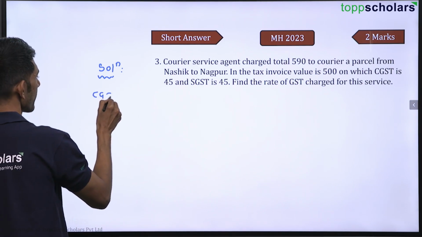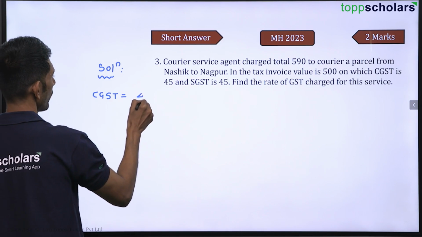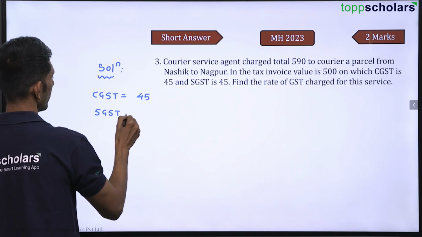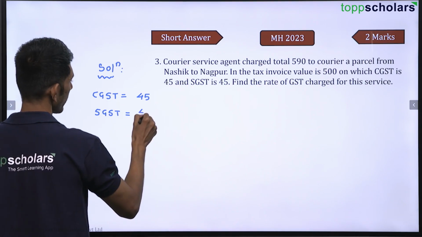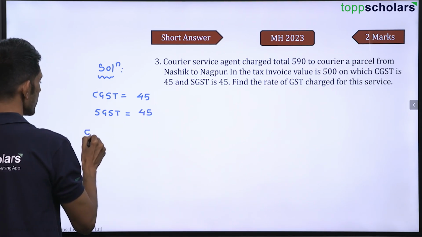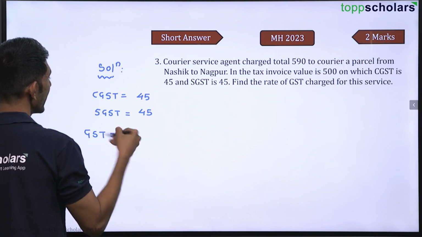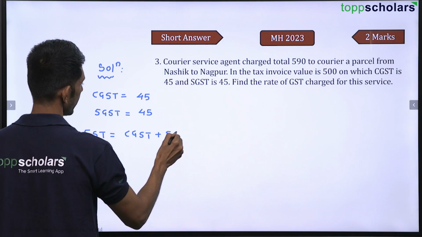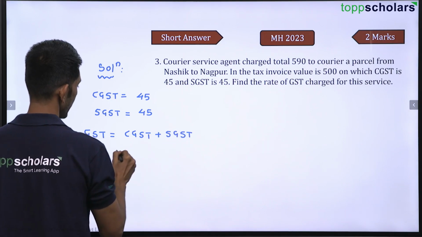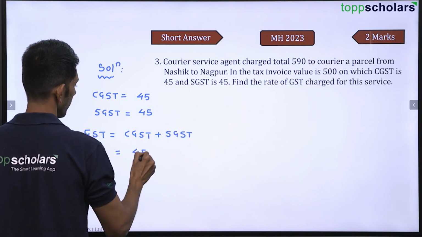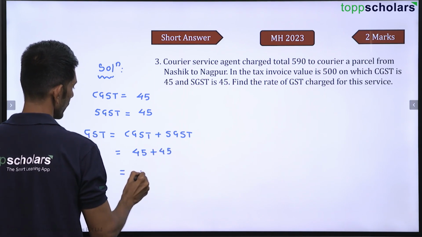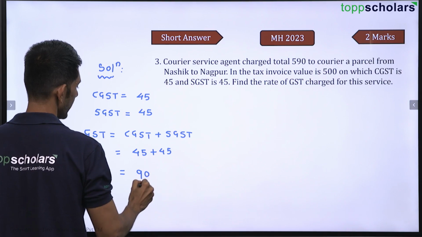CGST is how much? 45 rupees. SGST is how much? Again 45 rupees. So what will be GST? GST is the addition of CGST plus SGST. So that is equal to 45 plus 45 and that will be equal to 90 rupees.